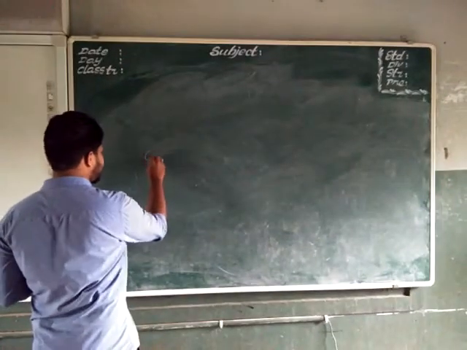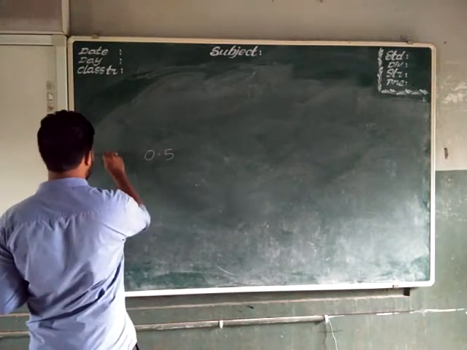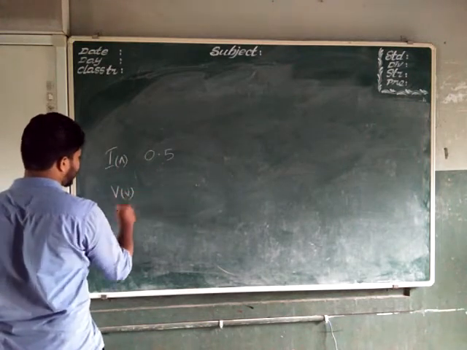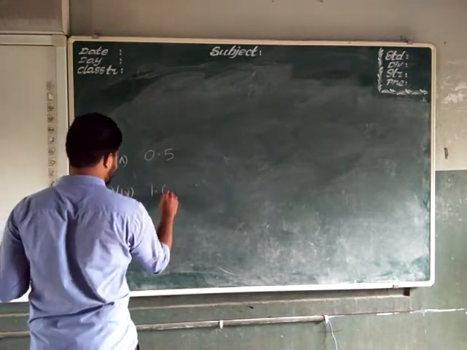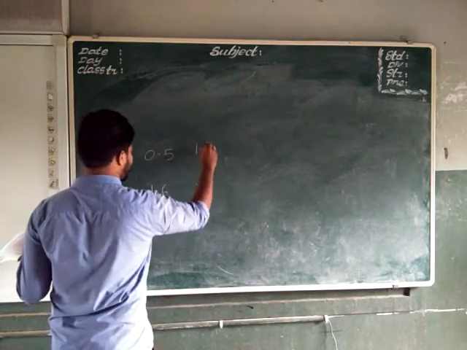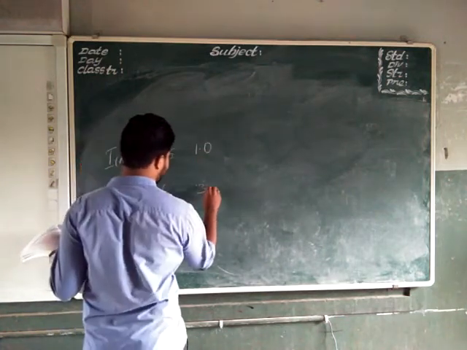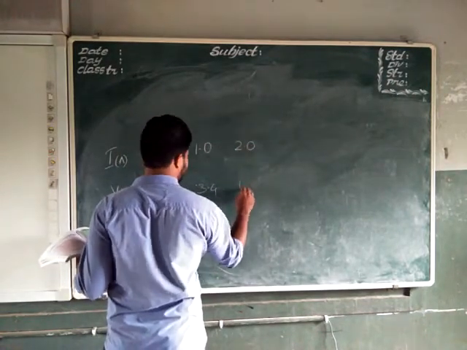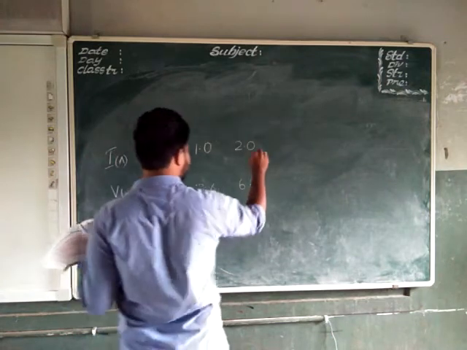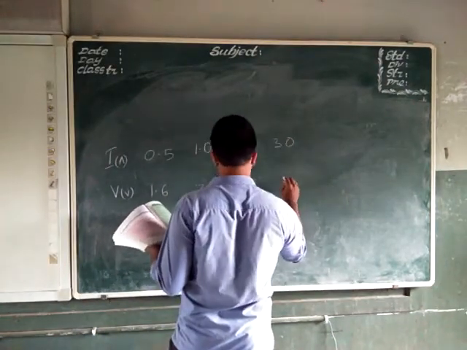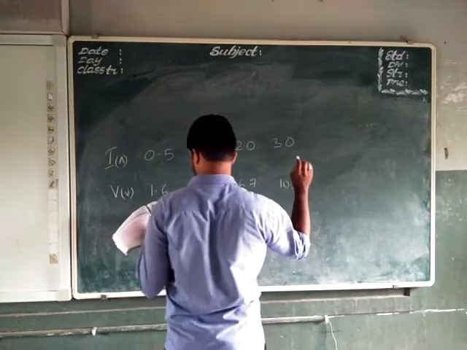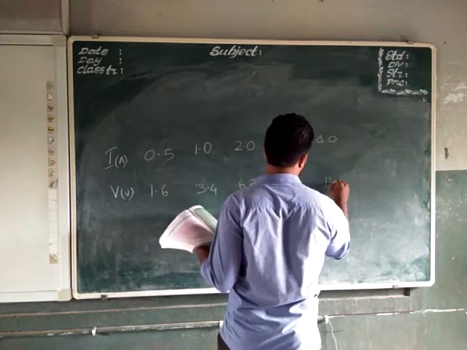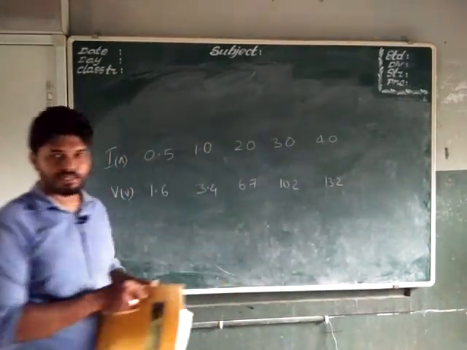So the values that are given are, in amperes I, and in volts V: 0.5 and 1.6, 1 and 3.4, 2.0 and 6.7, 3.0 and 10.2, and 4.0 and 13.2. So these are the values given to you.